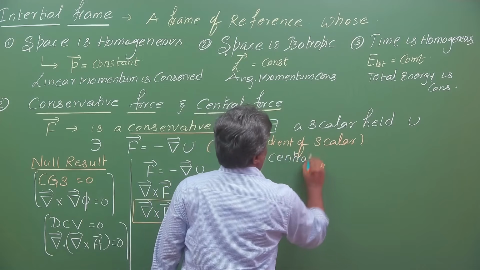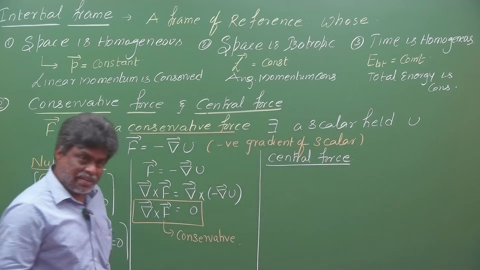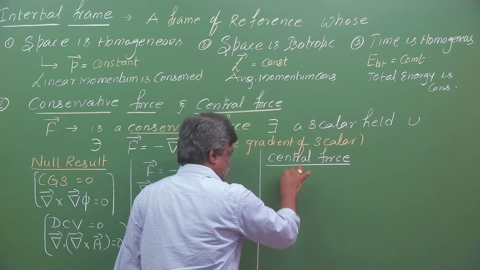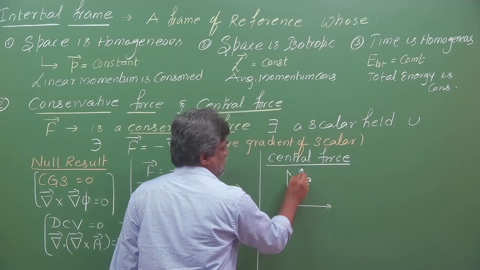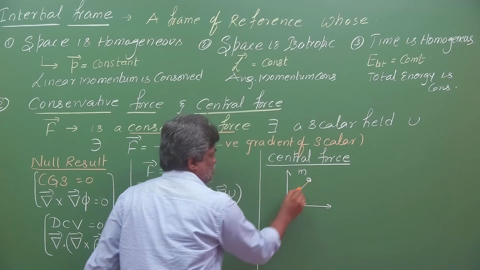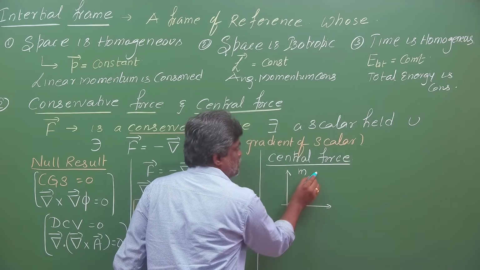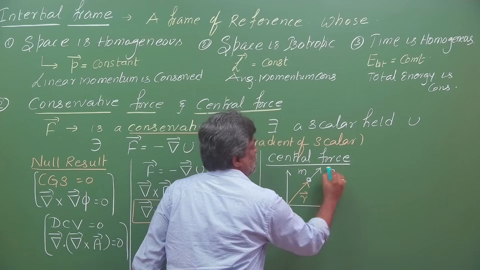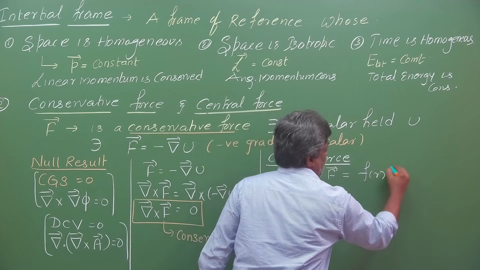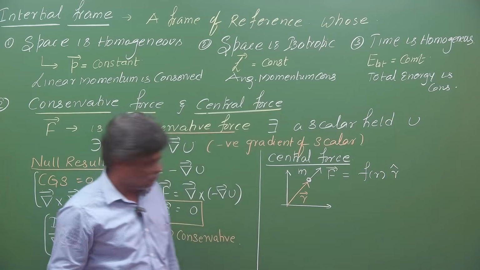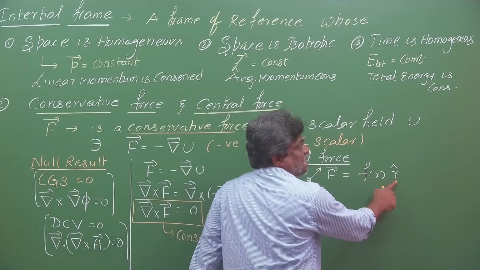Next, one more point is the central force. I am just introducing all the terms. What is this central force? For example, here you have a frame of reference and here is a particle of mass m, which has a position vector, let us say R. Suppose some force F is acting on it. Now this F bar equals F of R times R cap, whose magnitude depends on R only and the direction is along R cap.